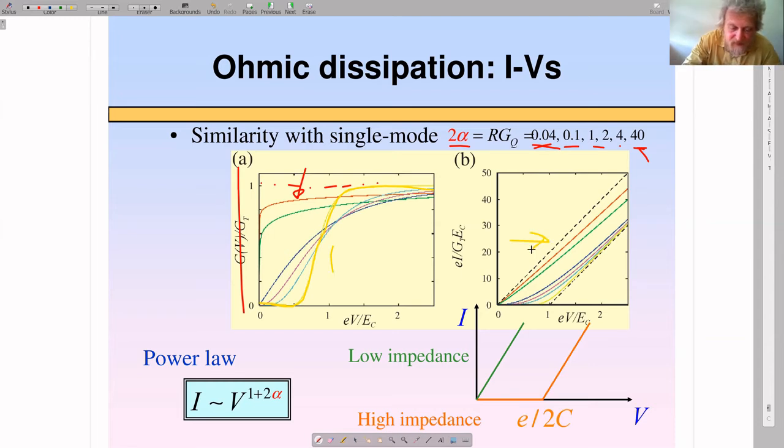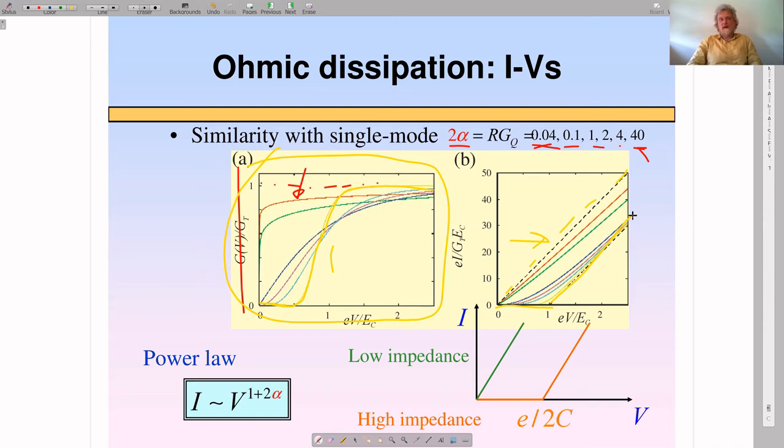If we integrate all this differential conductance over voltage, we get the current, and again we see that there are two types of curves: the low impedance limit, like the red and green curves in this plot, which don't differ much from a linear slope, while in the limit of high resistance, high impedance, the curves approach this law, Coulomb blockade, and then a linear slope.